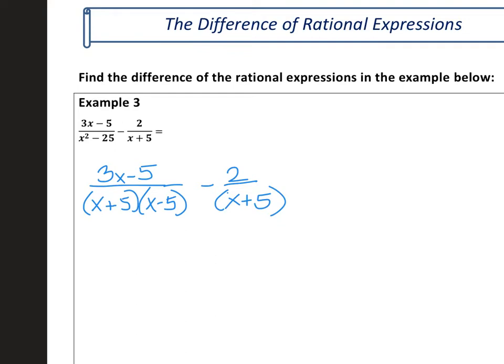So if I take a look at these two denominators, I have x plus 5 times x minus 5, and over here on the right I have x plus 5. So the common denominator is going to be this because it contains this piece. And so I do not need to rewrite my left expression at all.